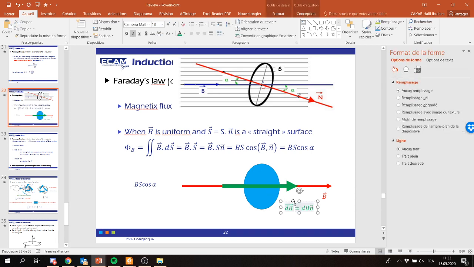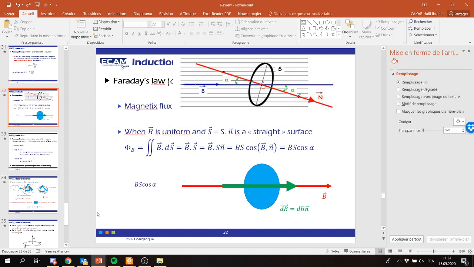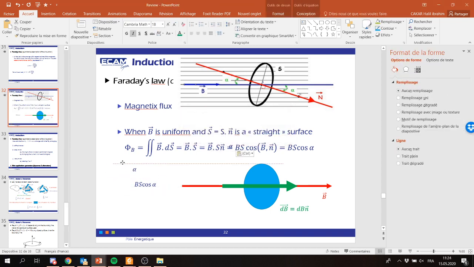So here, what do you see? Can you tell me, please? Here alpha is 0, right? For this case, 0 degrees. So for the first case I have cosine 0, the maximum of the flux in this position.